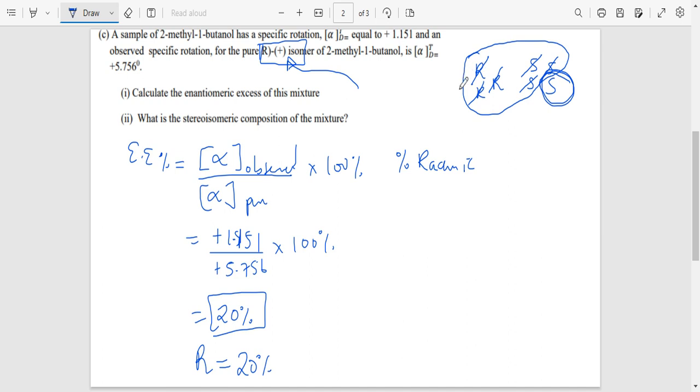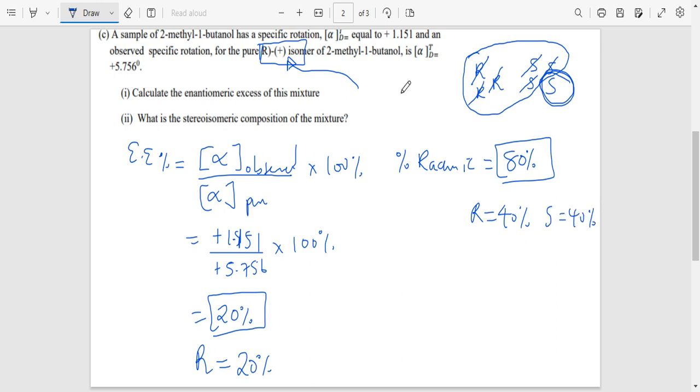The one having a combination of the R and the S. And that is basically 100 minus the pure one, and that is going to give us 80%. So remember, this 80% has the R and the S because it's a racemic compound and they're in equal proportions, meaning that the R is going to be 40% and the S is going to be 40% also.